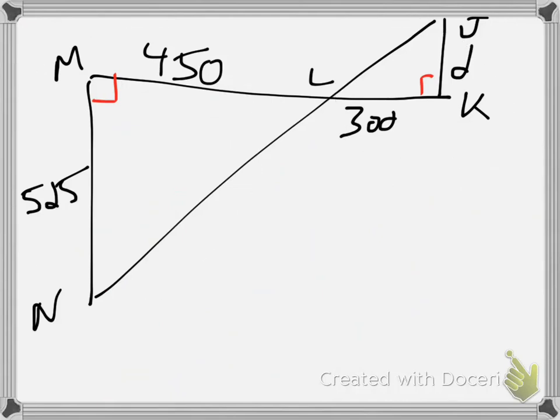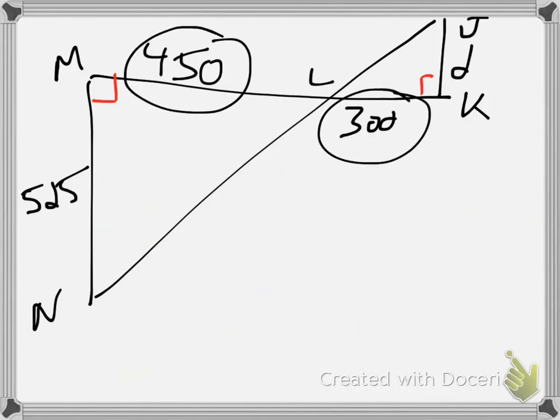Now you got to be careful because the triangles are flipped. You have to figure out what corresponding sides are, and corresponding sides means the same side, but just a different figure. So I would say 300 and 450 are the same side. They're corresponding sides. And D is a corresponding side to 525.